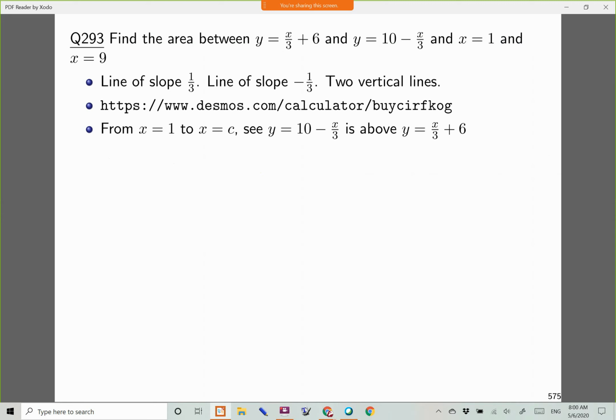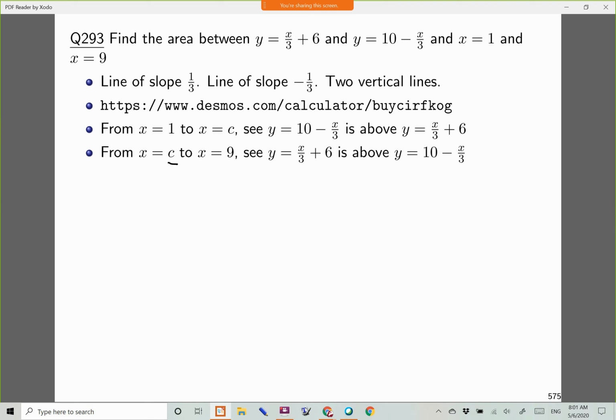Even without the tool, starting at x equals 1, which is where we ought to start, up until where the two cross each other, which I just called x value C, the line which had the higher y-intercept is likely going to be the one that's above first. The bigger y-intercept has a head start, and then at the moment that they cross, leading up to 9, they swap which line is above.